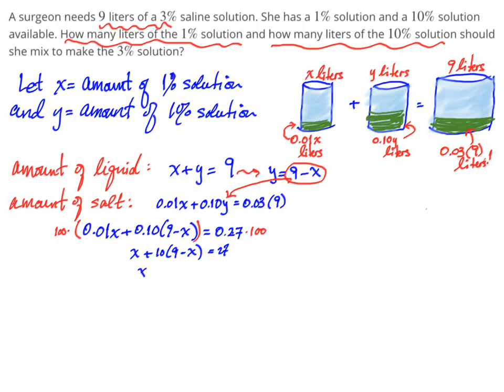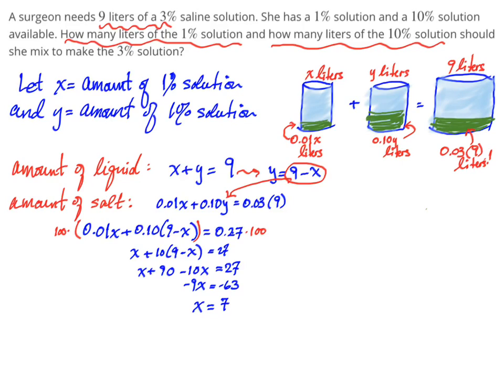If I distribute that 10, I get x plus 90 minus 10x on the left. Combining like terms, x minus 10x is negative 9x. Subtracting 90 from both sides, I get negative 63 on the right. Dividing both sides by negative 9, I get x is positive 7.